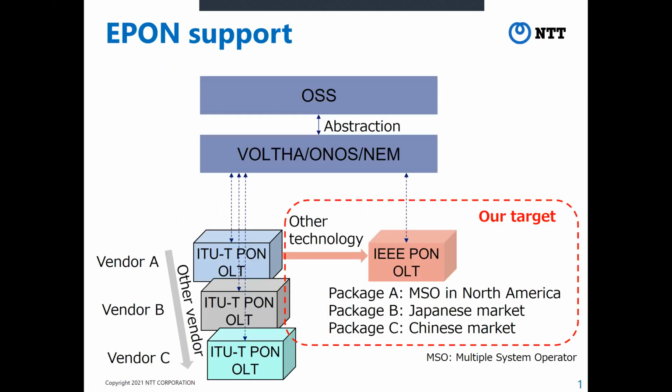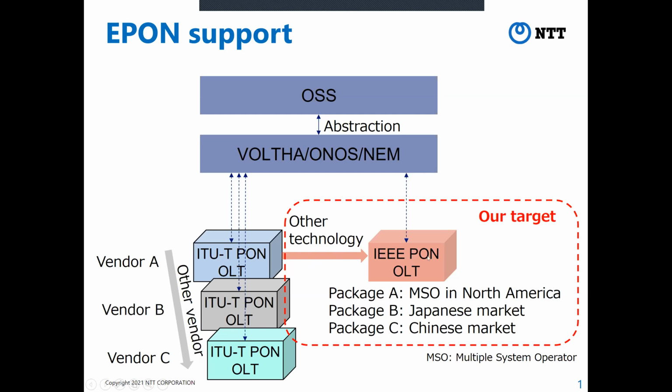First of all, I'm going to explain what EPON support is. As we know, the current vOLTHA implementation only focuses on ITU PON and supports various vendors by switching adapters. But as another PON technology, there is the IEEE standard PON in optical access systems.